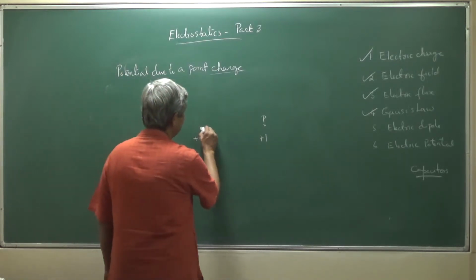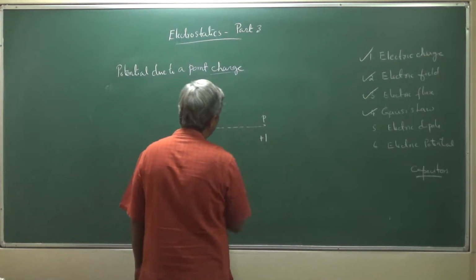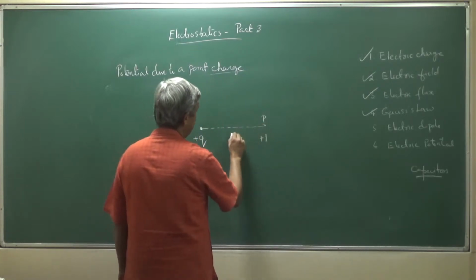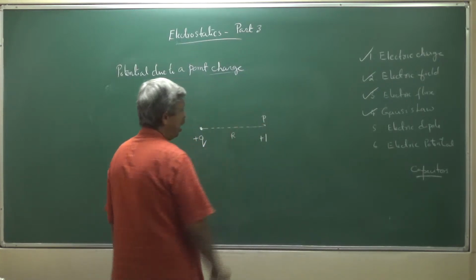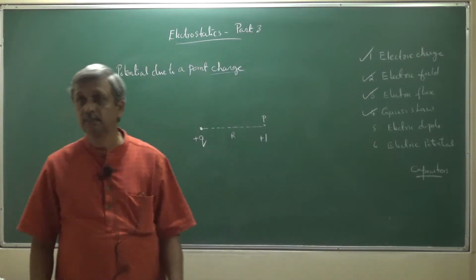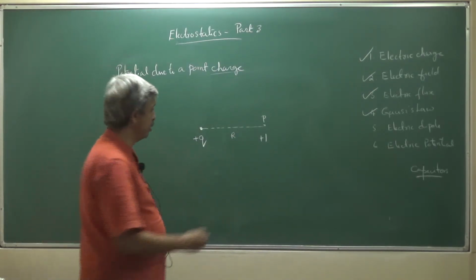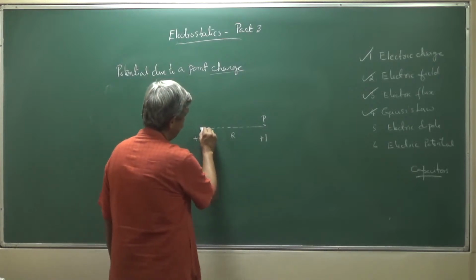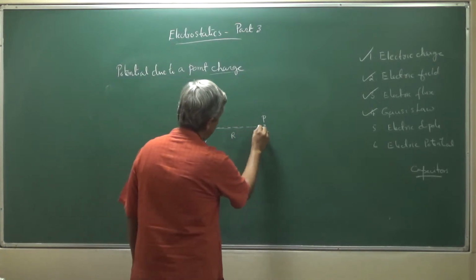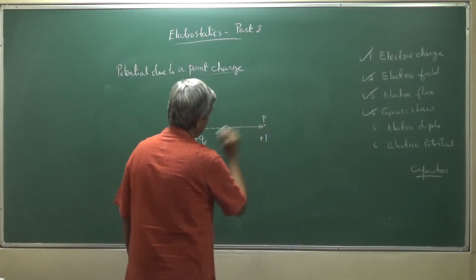At some distance, let's call the distance from here to here capital R. I'm going to put this R as a position vector by writing an arrow here.